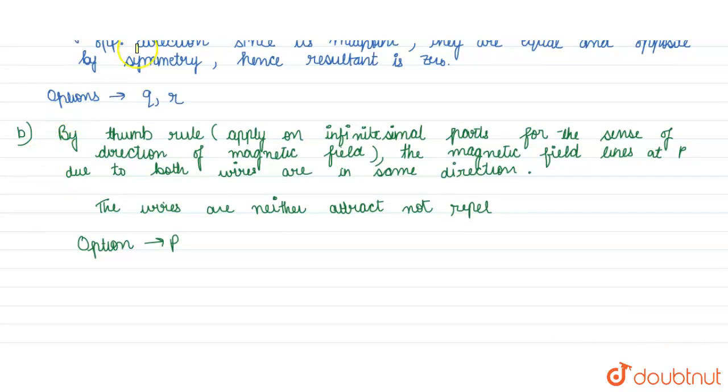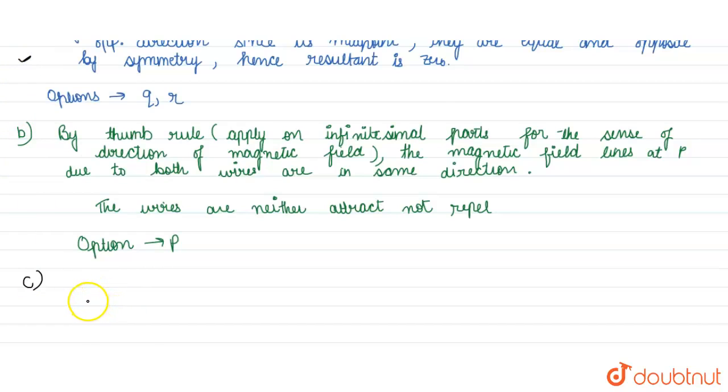Now you can write here in the C part, by applying thumb rule, the magnetic field at P due to both wires, as we did earlier in part A, is the same as here.